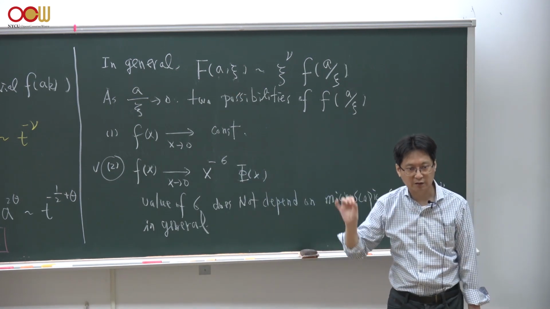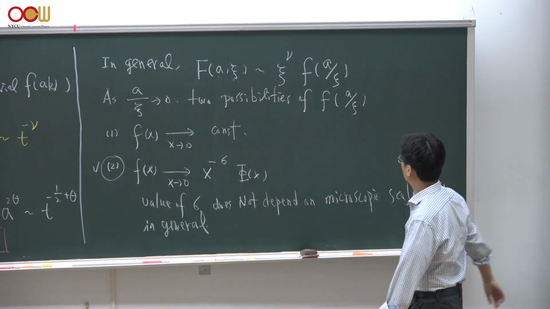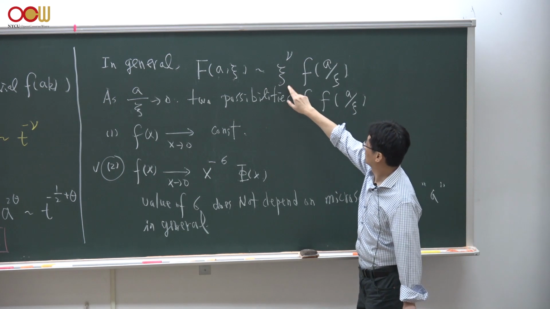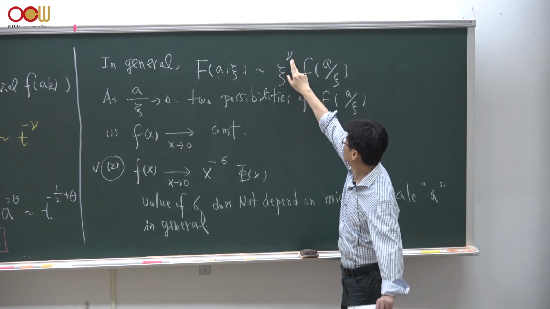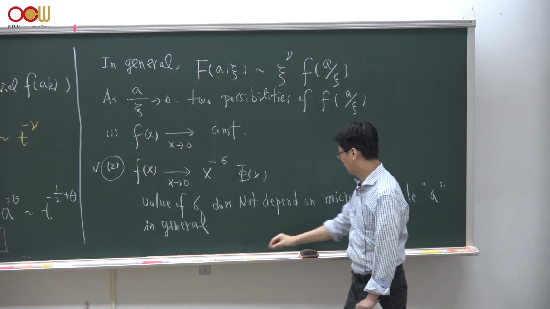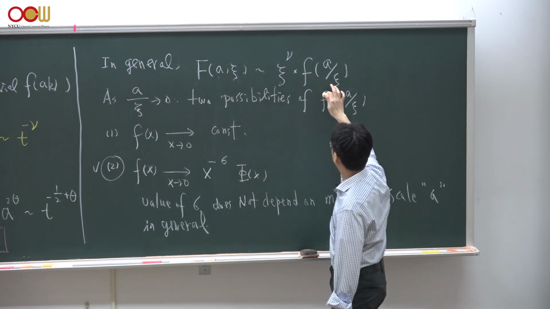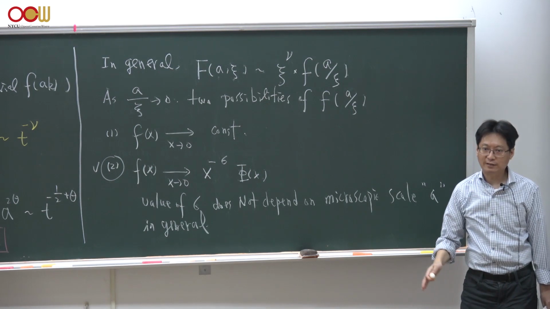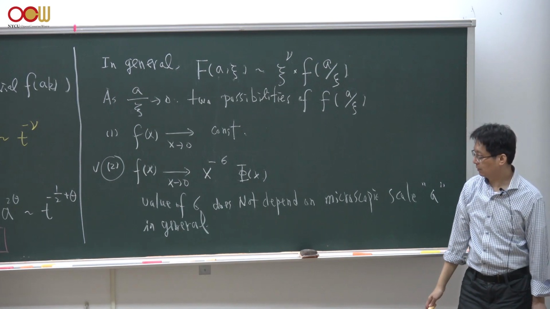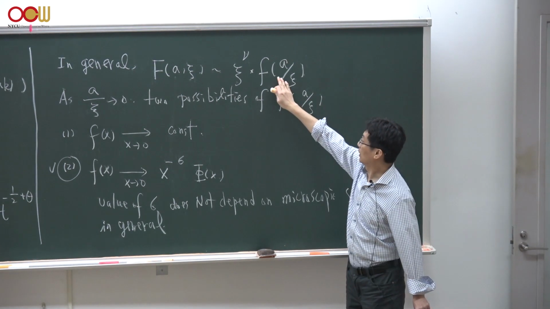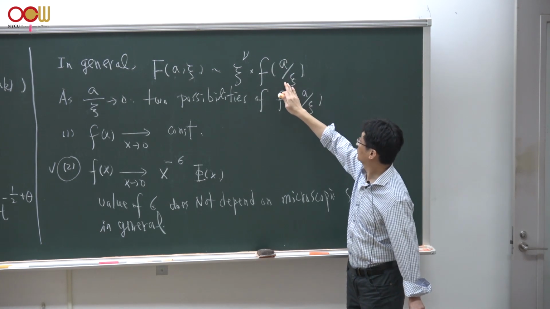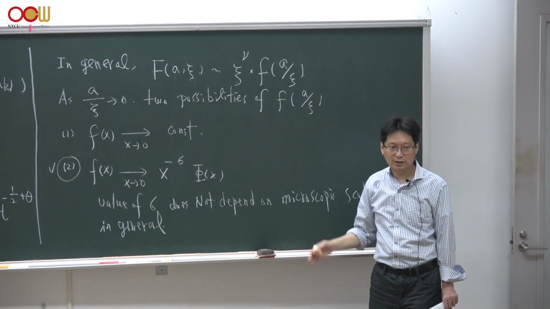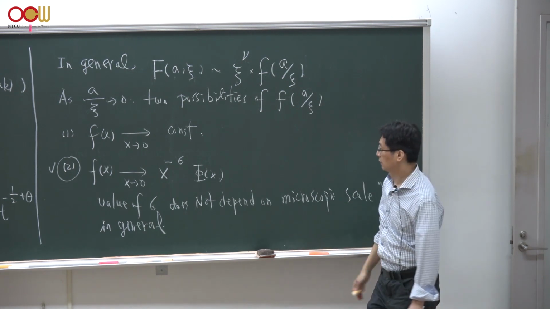So it depends on both a and xi, in the special combination xi to the power of some exponent nu times the f function, and this f function is a function of a dimensionless quantity. If both little a and xi have the dimension of length, then this function f should behave as a divided by xi or xi divided by a. That combination is a dimensionless variable.